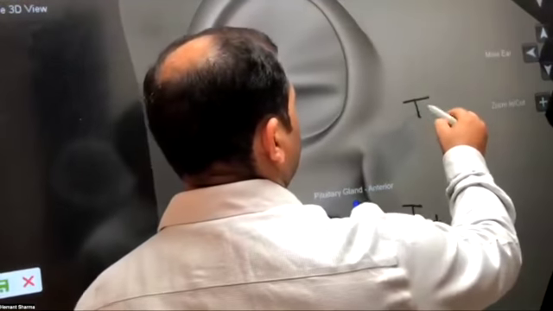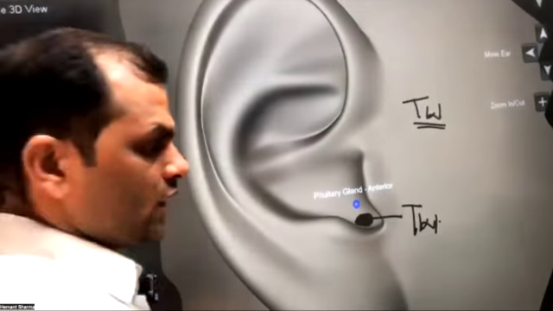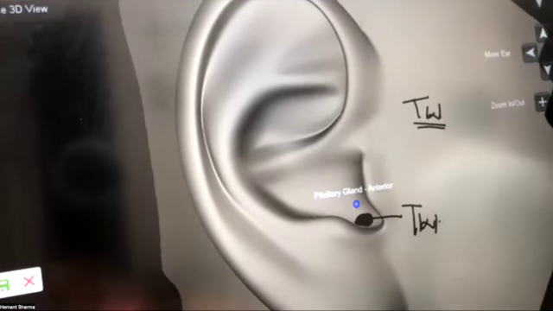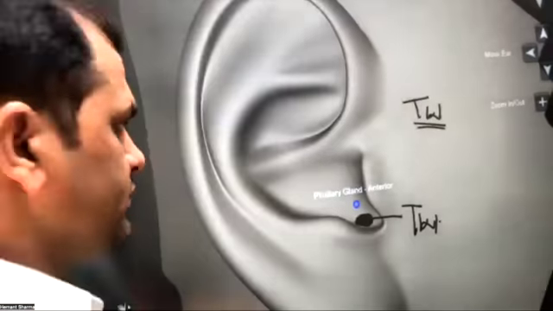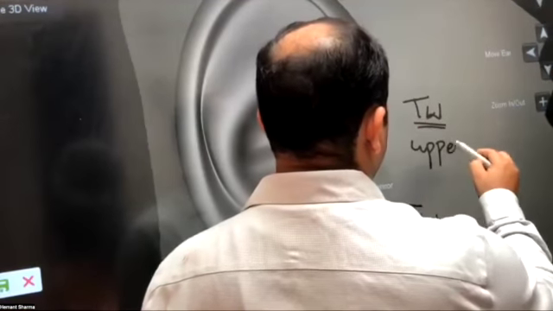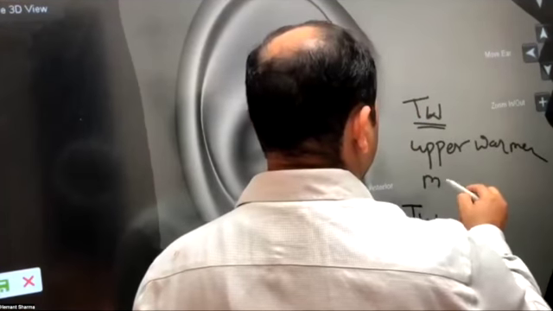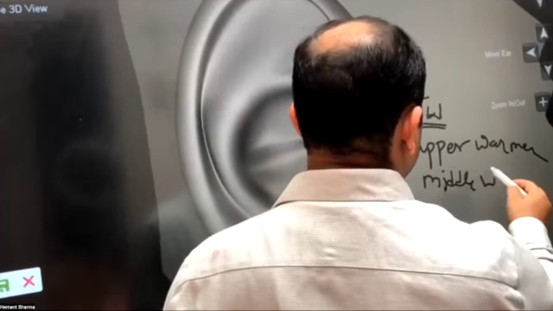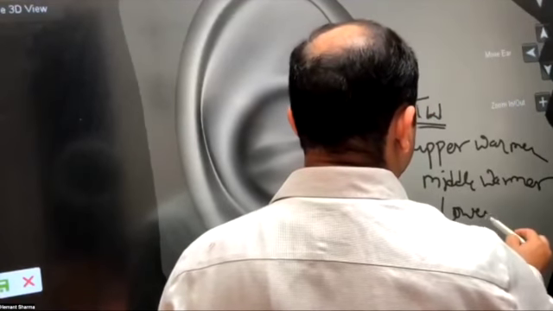The meaning of triple warmer is the combination of upper warmer, middle warmer and the lower warmer. तो ट्रिपल वार्मर का अर्थ है कि जो कॉम्बिनेशन है अपर वार्मर का, मिडल वार्मर का और लोअर वार्मर का.